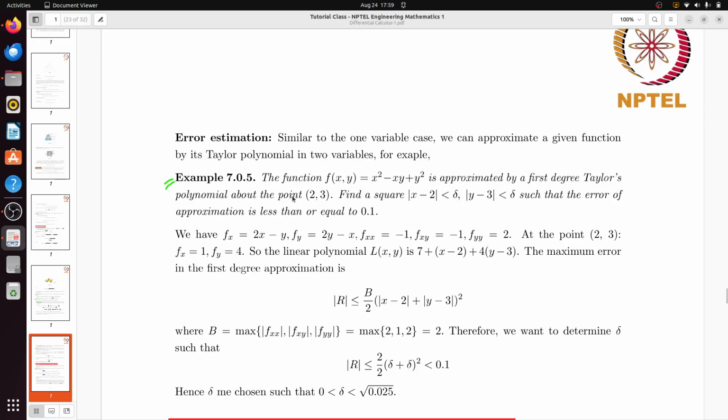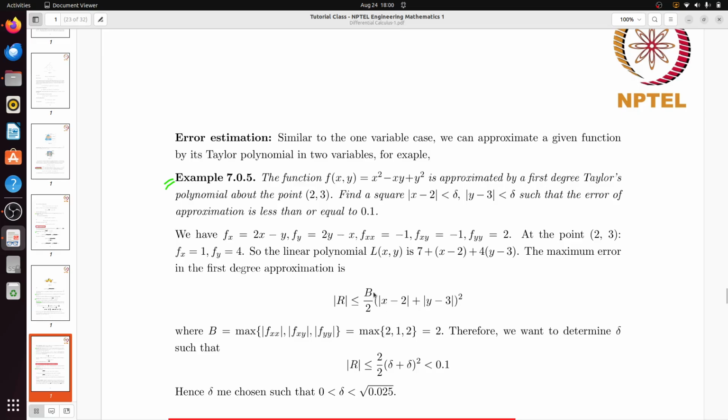Okay, so you have f(x,y). First you need to determine fx, fy, fxx, fxy, fyy at the point 2, 3. In linearization the error will be, as I have already discussed, M by 2 times modulus of x minus 2 plus modulus of y minus 3, whole square.